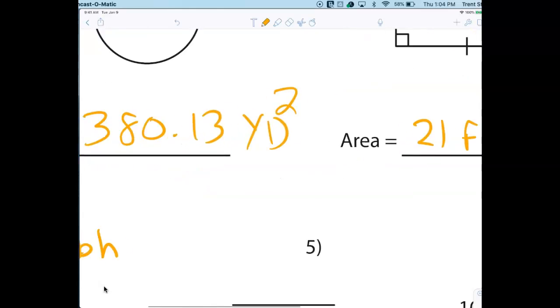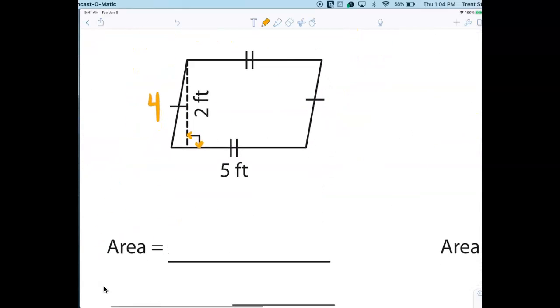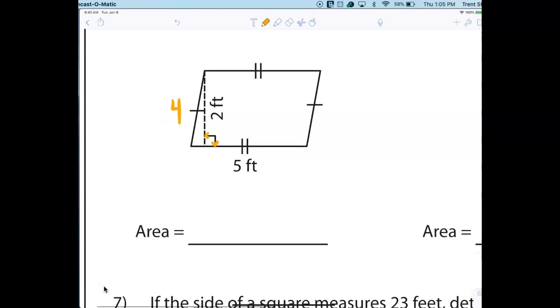Just like in this problem right here, it's pointing to what two numbers? It's pointing to the 2 and the 5. So you're not using the 4 at all. You're only using the numbers that the arrows are pointing to. All right? So in this case, the 5 is considered the base and the 2 is considered the height.